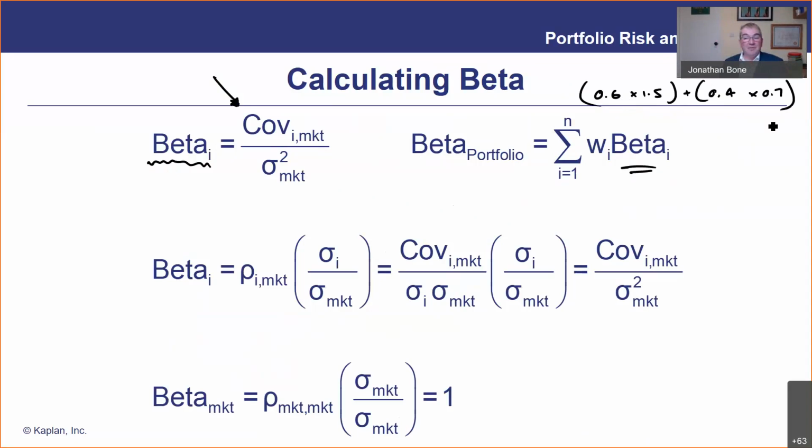Then the beta of the portfolio is 0.6 times 1.5, plus 0.4 times 0.7, and I get an overall portfolio beta of about 0.93 in that case.